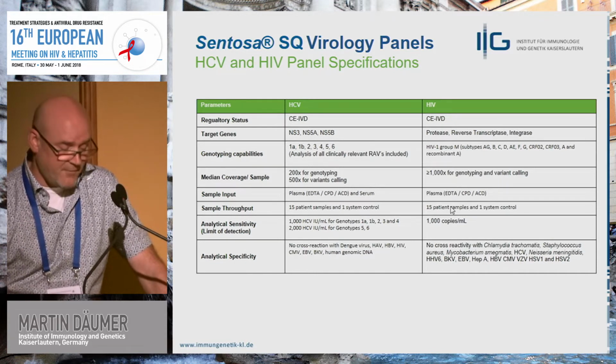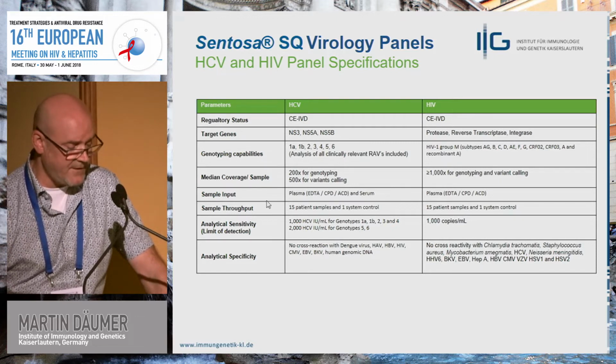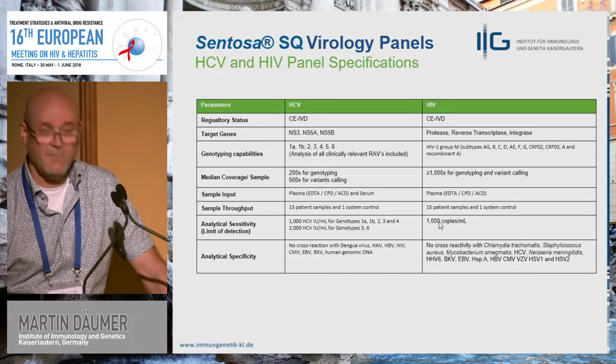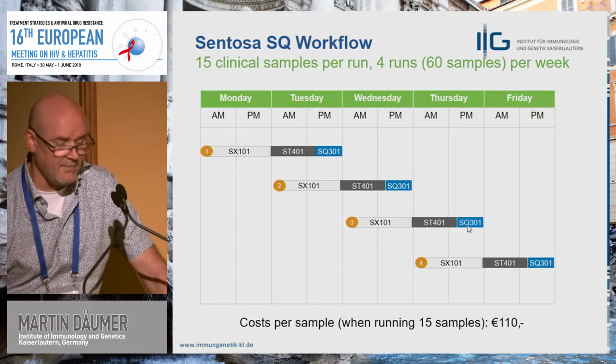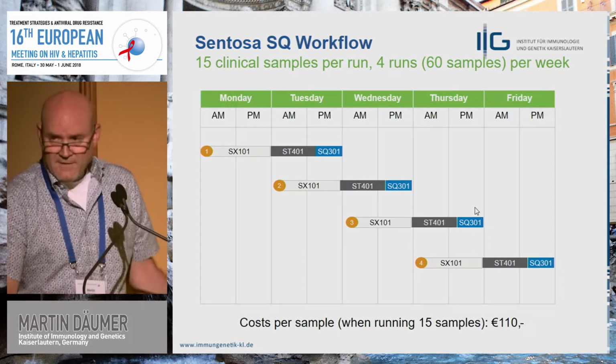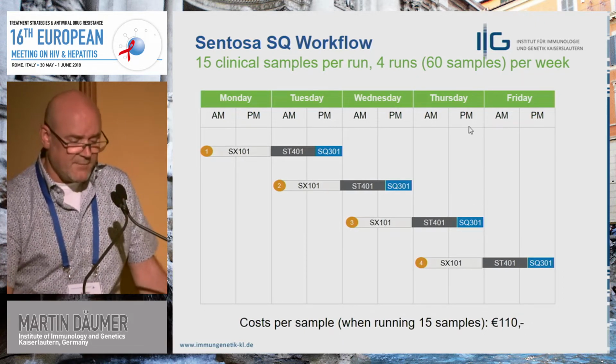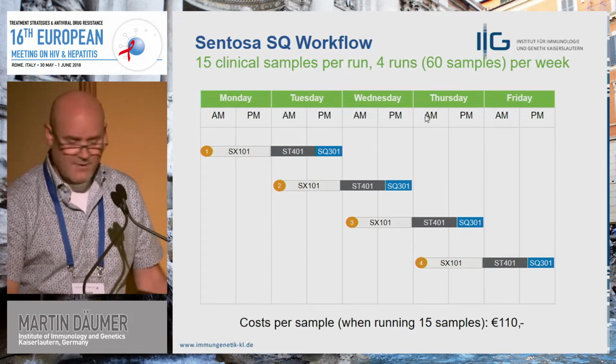You can use up to 15 samples per run. And you see the analytical sensitivity, because the RT-PCR is included, is somewhere around 1,000 copies per ml. So if you will use this in daily routine, you can end up in up to 60 samples per week.